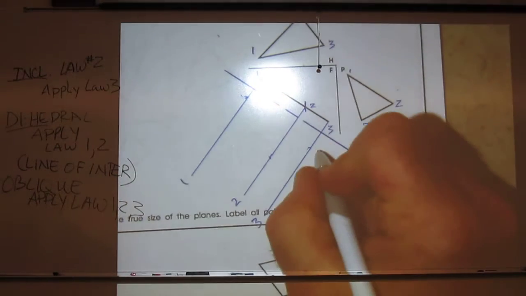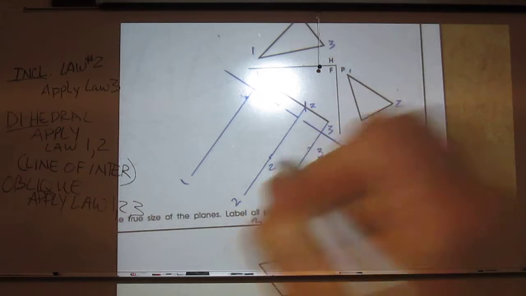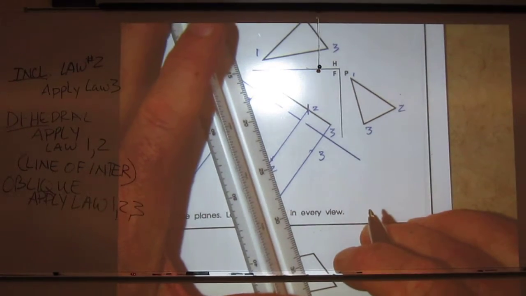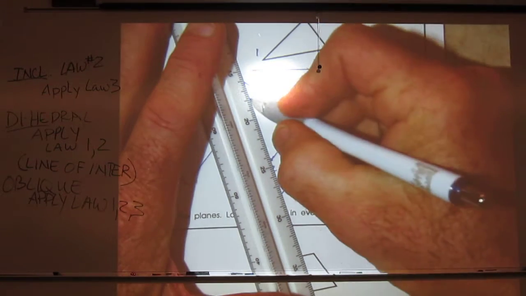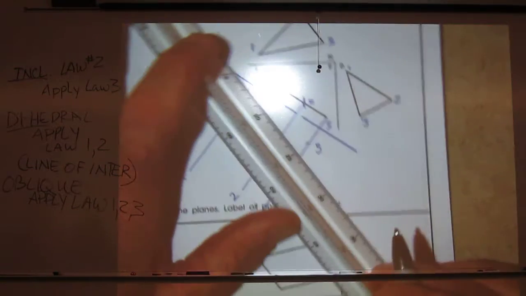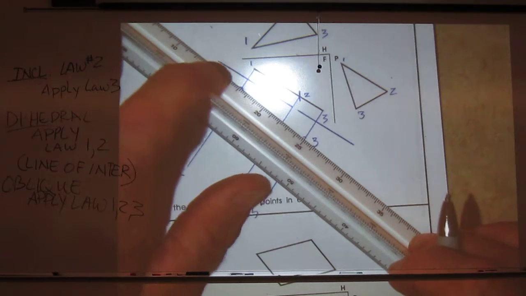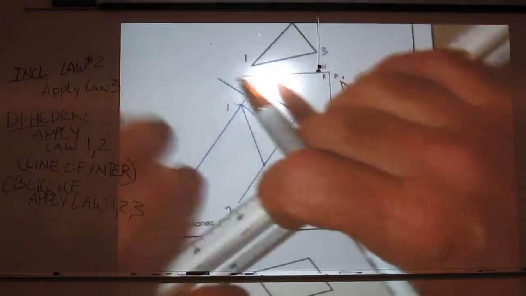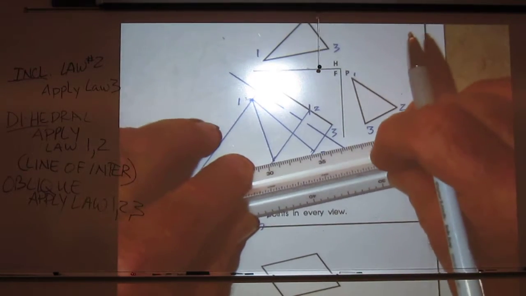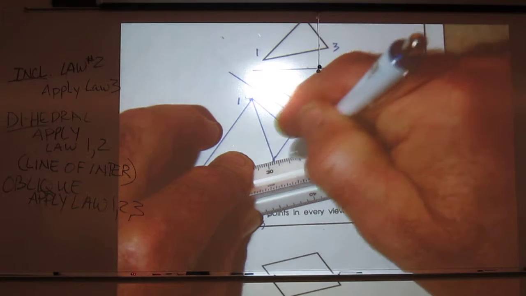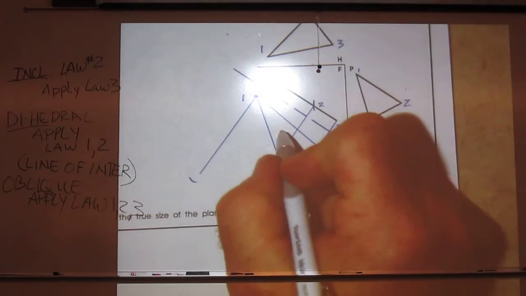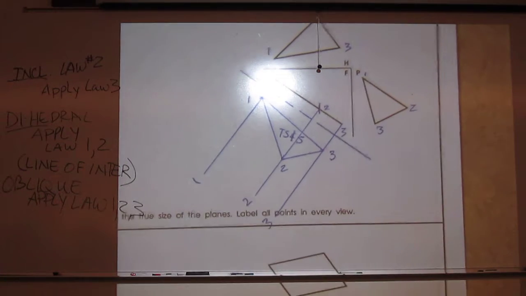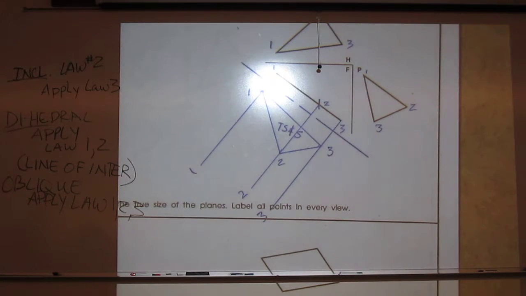So here is 3, 2, 1, and we connect our dots. There's the plane, true size and shape.